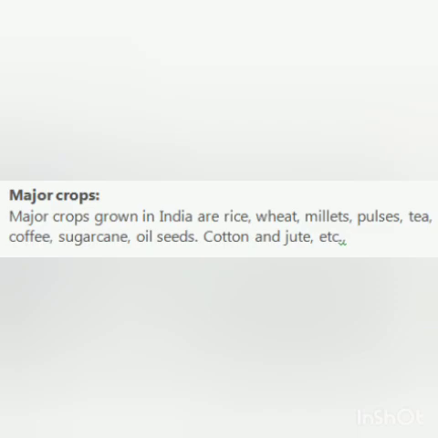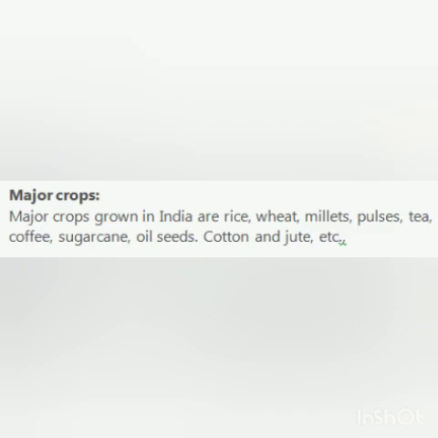Dear students, now we are going to discuss the major crops. Major crops grown in India are rice, wheat, millets, pulses, tea, coffee, sugarcane, oilseeds, cotton and jute. Jowar, bajra and ragi are the important millets grown in India.